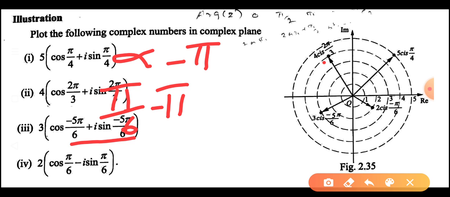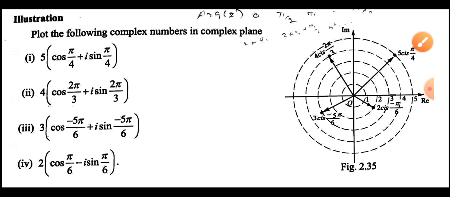So pi by 6 minus pi. Taking the LCM, pi minus 6 pi, here minus 5 pi by 6. But we make 3 rotations, so 3 circles, 1, 2, 3. So we write 3 into 6 minus 5 pi by 6.